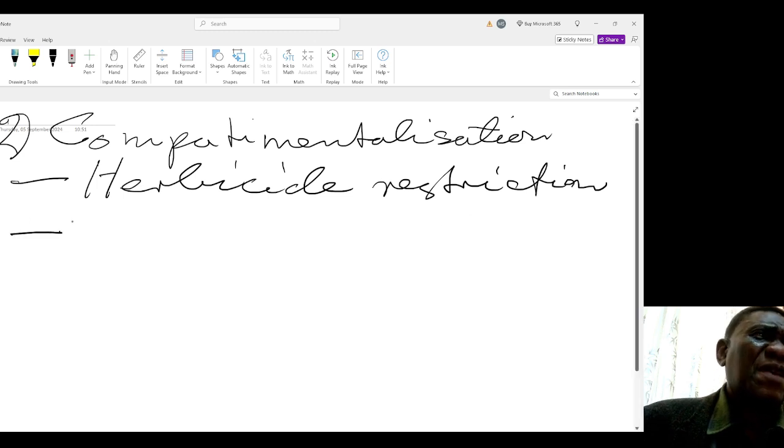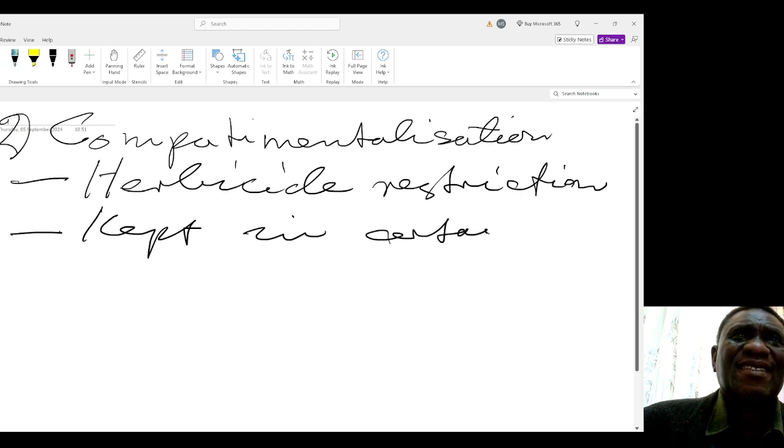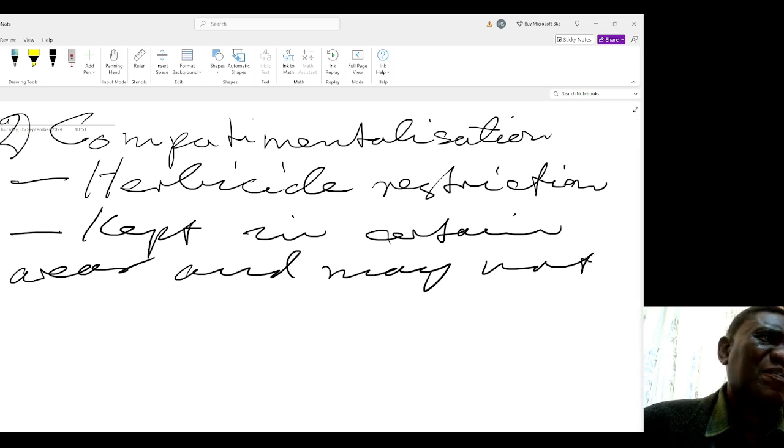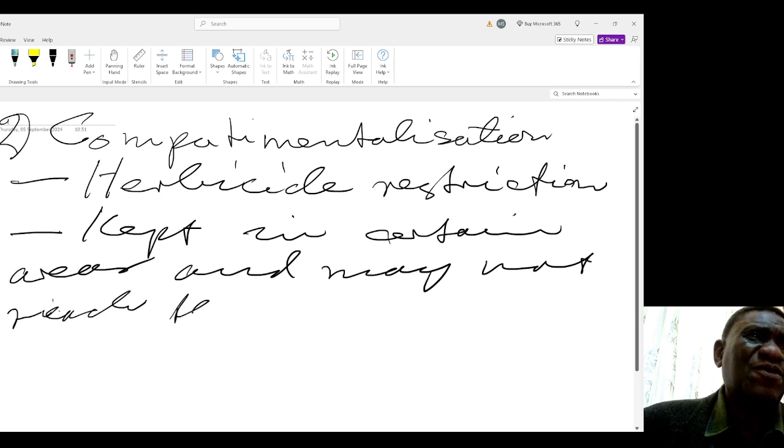So the herbicide is kept in certain areas and may not reach the site of action.